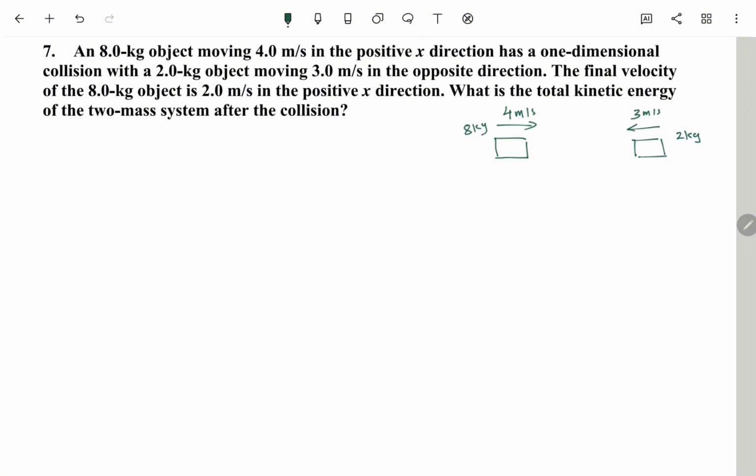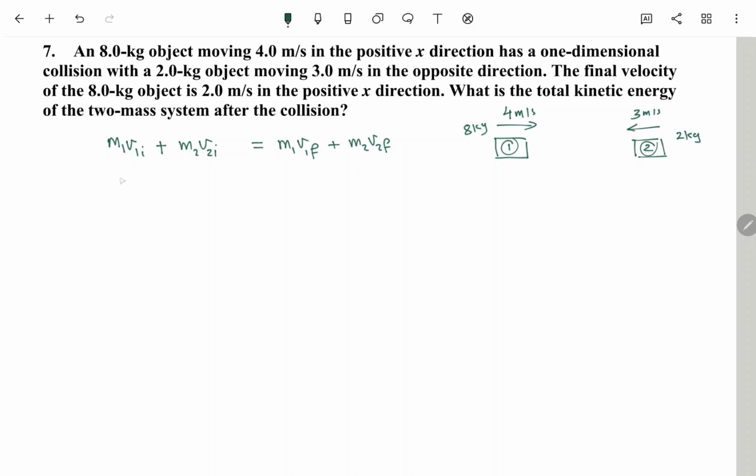Now in this situation, momentum is conserved, so let's name this one 1 and this one 2. M1 V1 initial plus M2 V2 initial is equal to M1 V1 final plus M2 V2 final.